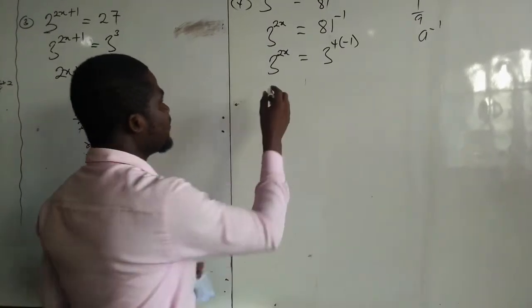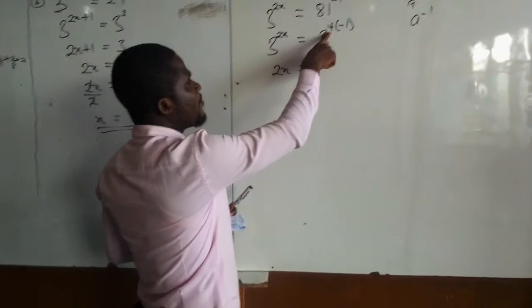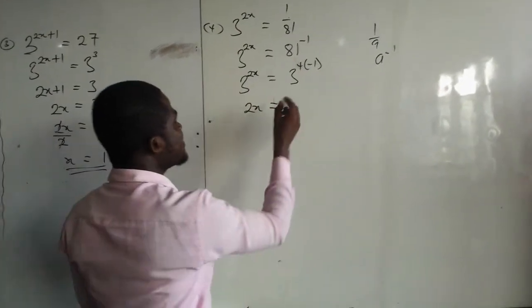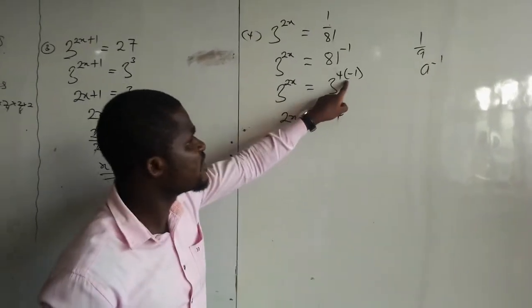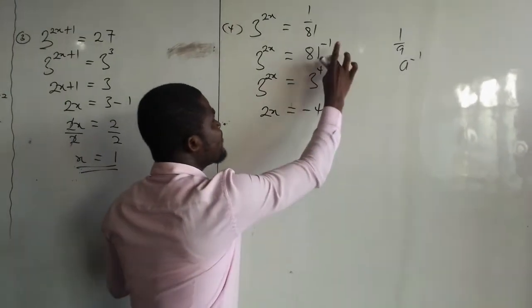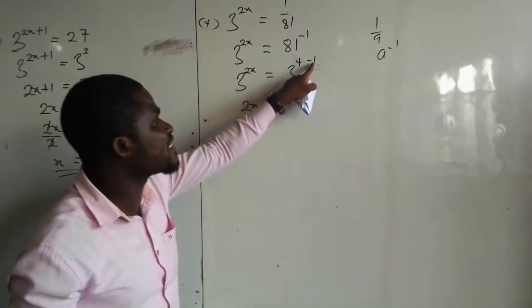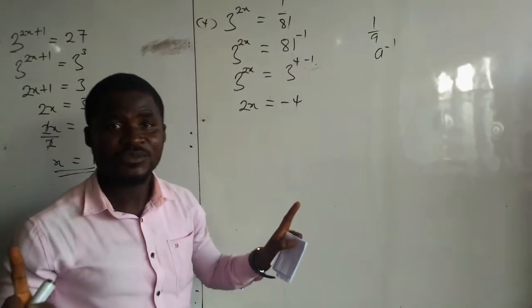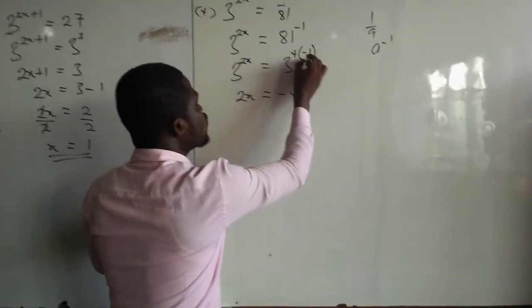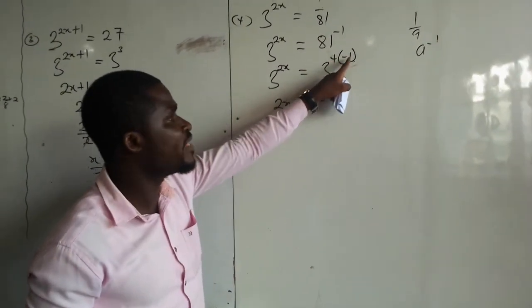So we are going to have 2x is equal to 4 times negative 1, which will give us negative 4. Now do you know something? If you don't put the negative 1 in bracket, you will be tempted to subtract the 1 from the 4, which is wrong. So put this in bracket to know that you are going to multiply the 4 with the negative 1.